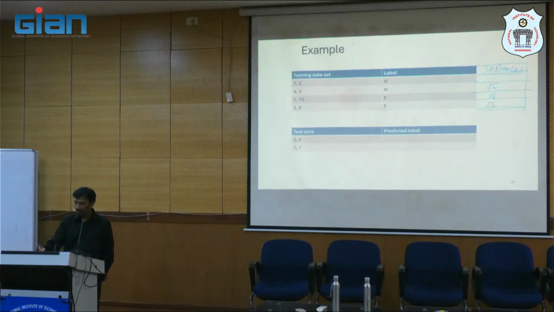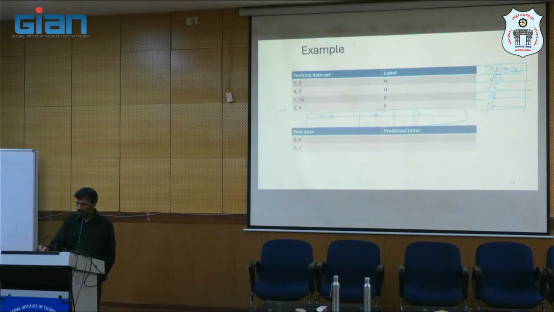So let me write it as root 52. Once you have got this, you will sort the entire table based on the lowest distance appearing first. After sorting, the table will appear slightly differently. The topmost row would be 2,9 faulty under root 2.